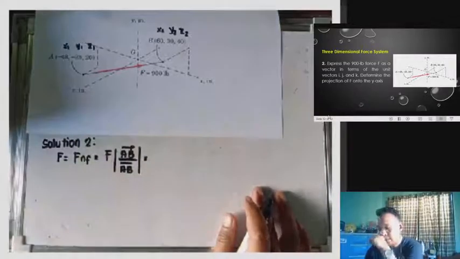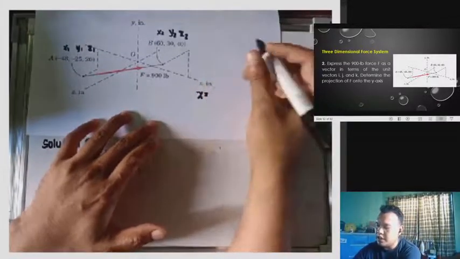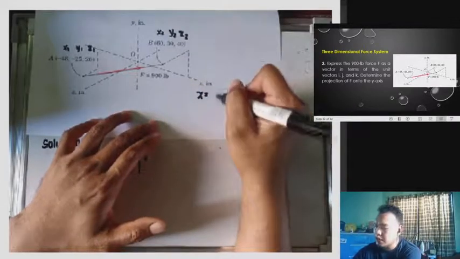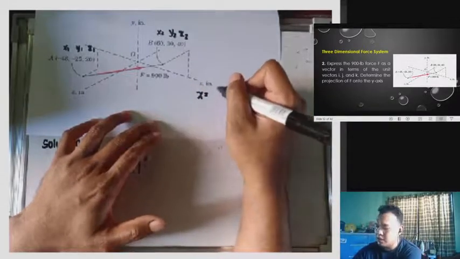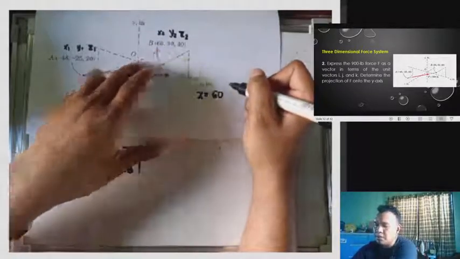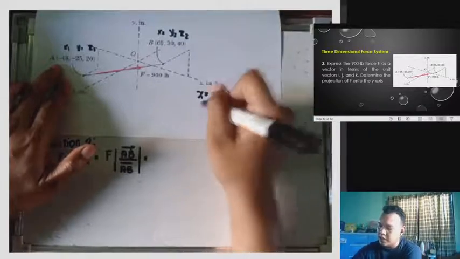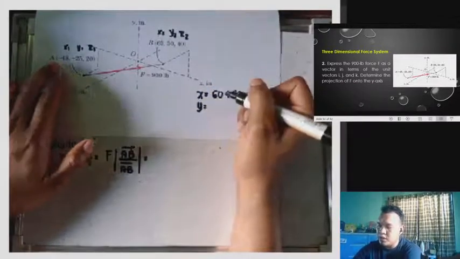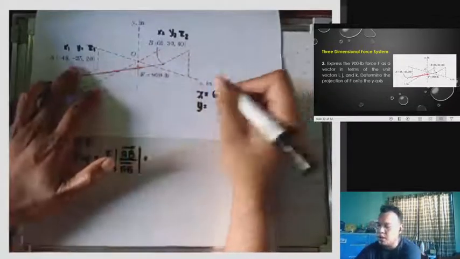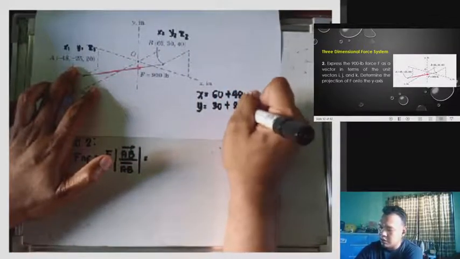Therefore, sabihin kong si X is equivalent kay, kukunin ko agad yung x sub 2 minus x sub 1. So we have here 60, x sub 2 minus x sub 1, which is plus 48. Then si y, which is y sub 2 minus y sub 1, 30 plus 25.